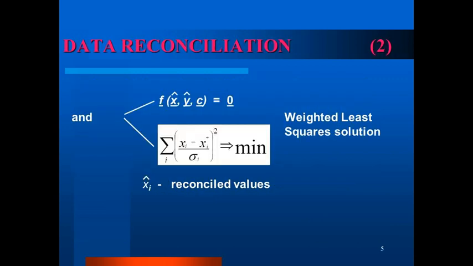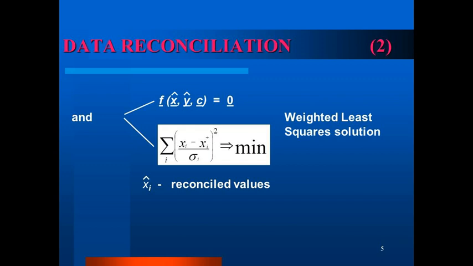We require that with reconciled values the model equations are exactly zeroed, and at the same time the weighted least squares function has its minimum value. The weight coefficients are reciprocals of squares of measurement errors' standard deviation sigma.